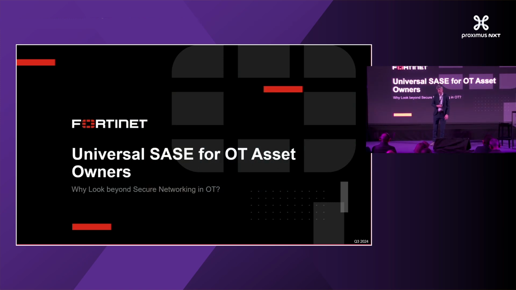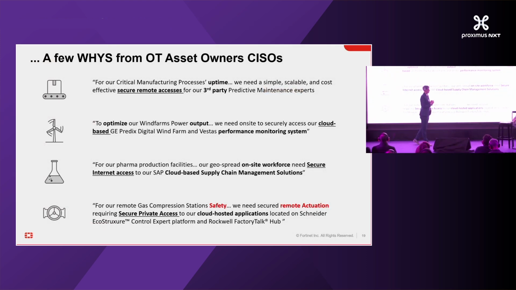Now, coming to Unified SASE. Why are we going to look beyond what we are currently offering? And why are we looking beyond the perimeter of OT, let's say, factories or whatever site you have in your organization? I wanted to show you some quotes from CISOs that we hear every day.